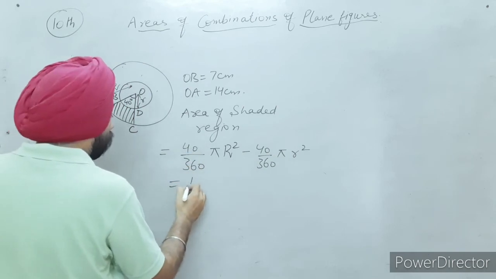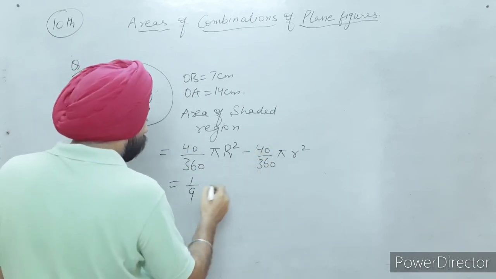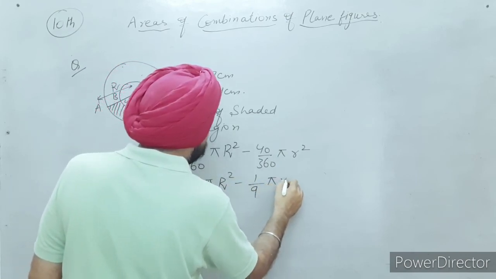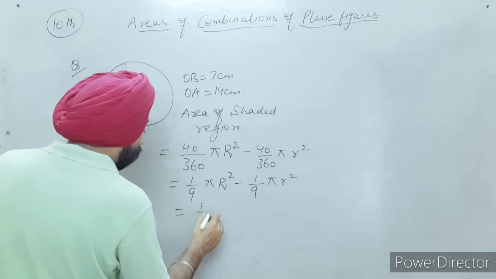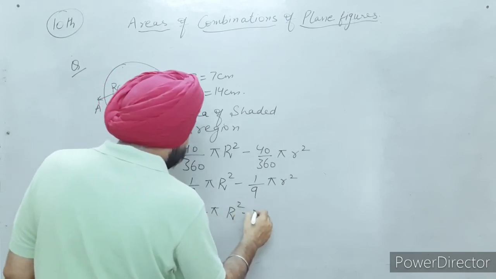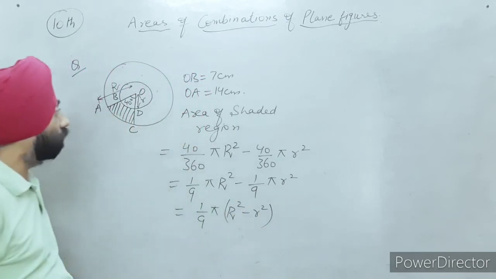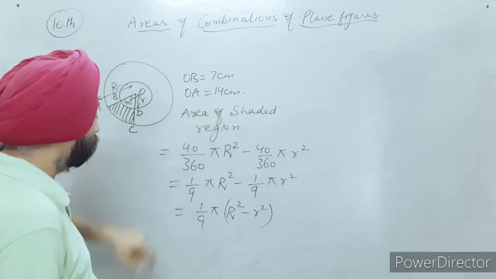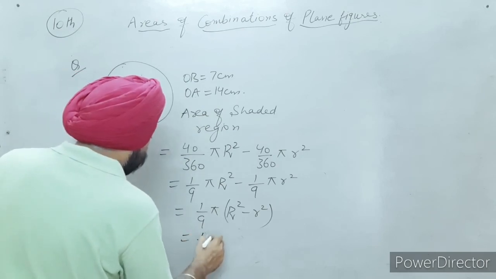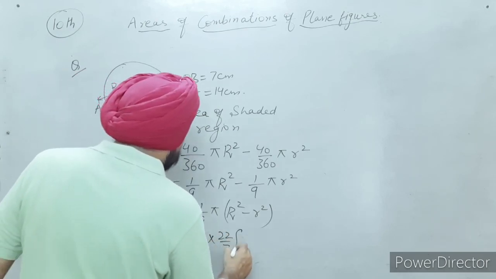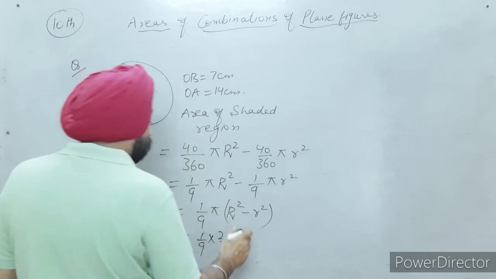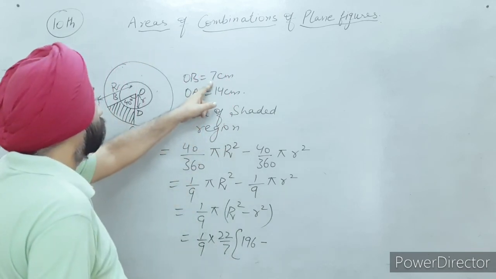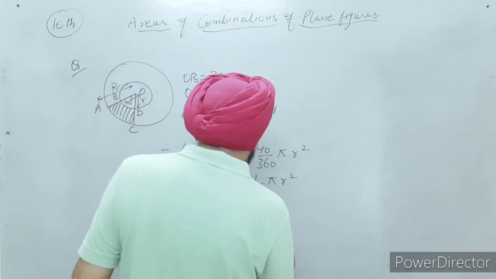Now this becomes 1 by 9, this also becomes 1 by 9, pi R square, 1 by 9 pi r square, 1 by 9 pi is common, R square minus r square within brackets. Now what is R? This is R, OA. OA is 14 centimeter. That is 1 by 9 into 22 by 7, 14 squared, that is 196, minus small r square, 49, right?